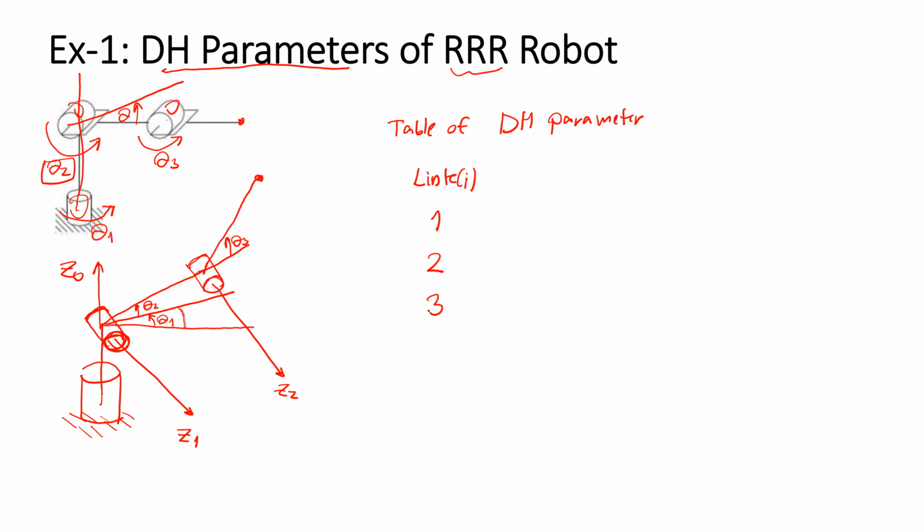The DH parameters will be the link length a_i, the link twist alpha_i, the link offset d_i, and the joint angle theta_i.